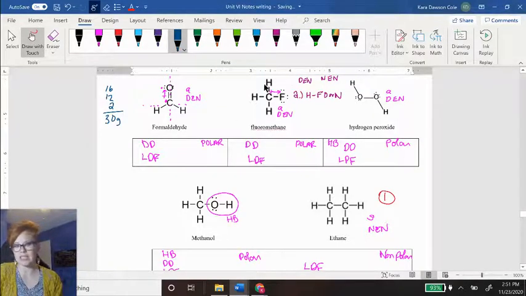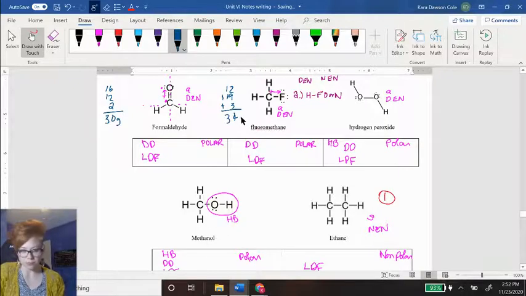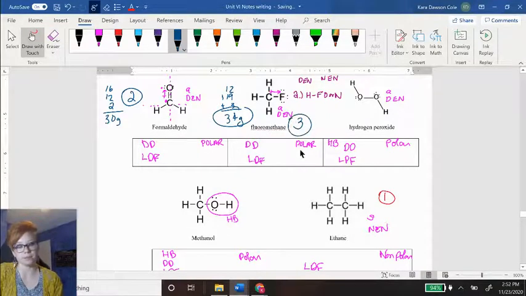And then I'm going to do the same thing over here. So I've got 12 plus 19 for fluorine plus 3, so this is 34 grams. So this guy has a higher melting point than this guy. So this would be 2, and this guy would be 3.